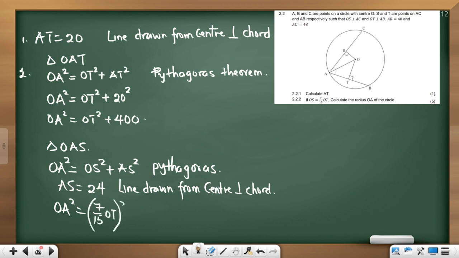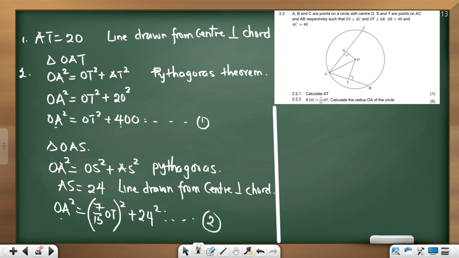Squared, plus, now it's algebra, guys. It's all a question of your algebra. I have two equations with two unknowns. But I see that both of them are equal to OA squared.